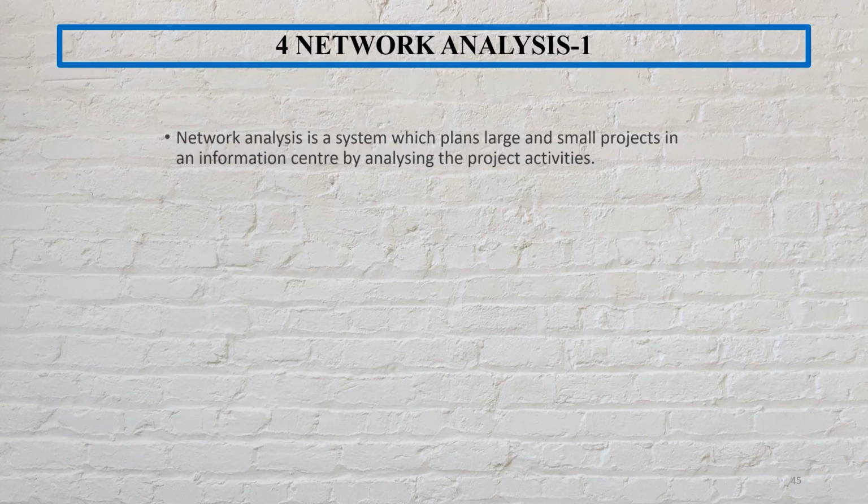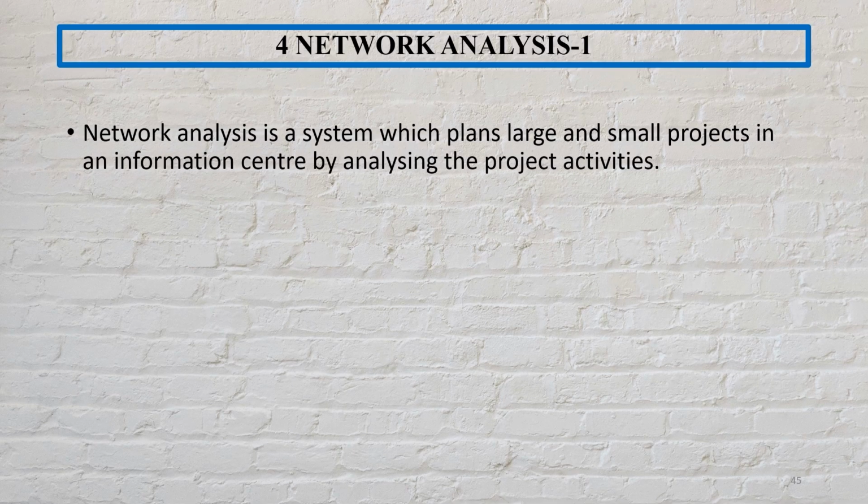Now, network analysis. Network analysis is a system which plans large and small projects in an information center by analyzing the project activities. Network analysis is another kind of technique for control.